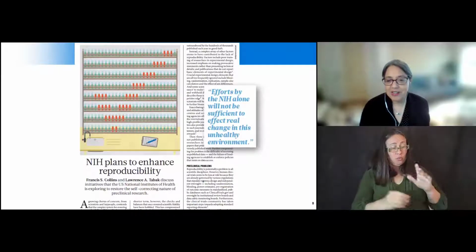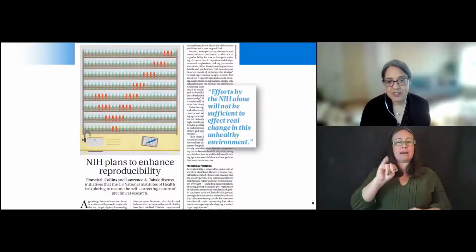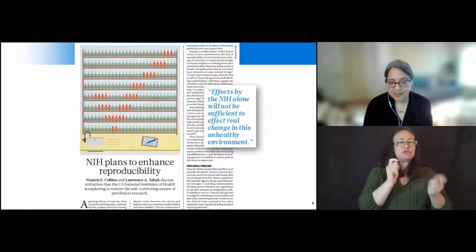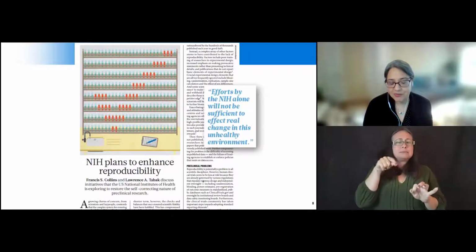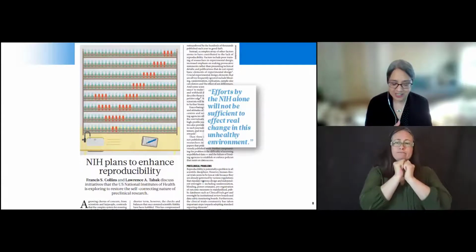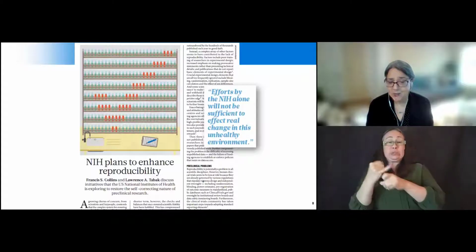One thing I want to note is this quote here. It says, "Efforts by the NIH alone will not be sufficient to effect real change in this unhealthy environment." This is really important because we need everybody working together to solve this issue: researchers, institutions alike, as well as funders.